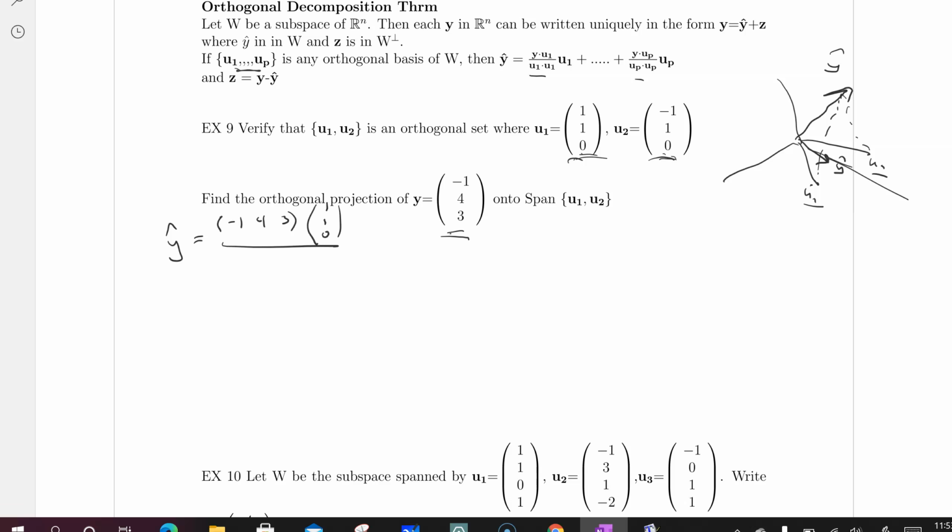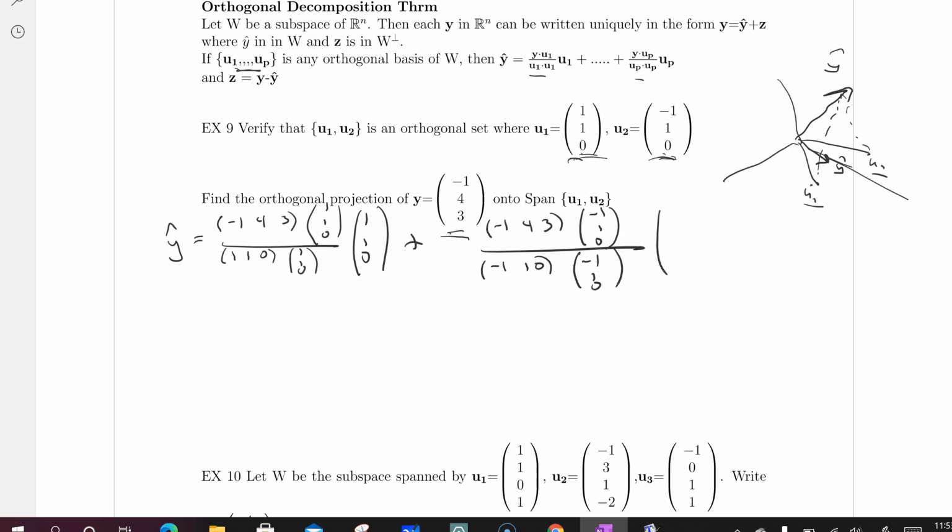Then I take y, -1, 4, 3, and dot it with my u2, and that's all over u2 dotted with itself, -1, 1, 0. Okay, so let's do the fun multiplication here. So -1 plus 4 and 1 plus 1, plus, and to do this, I'll get 1 plus 4 and 1 plus 1. So it's -1, 1, and 0.